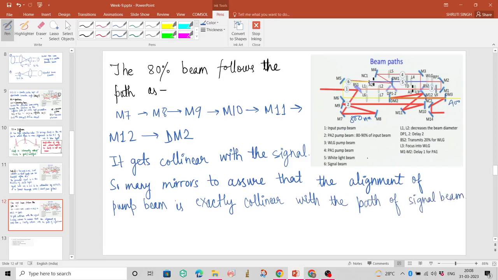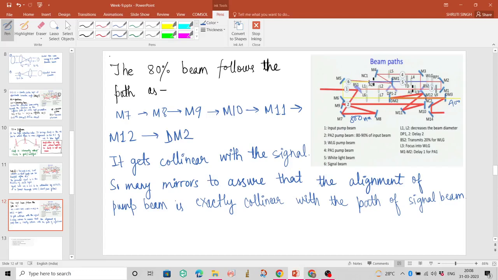So we have to check on that, and we have to adjust the path traveled by the pump beam so that, after hitting the dichroic mirror, its path is exactly collinear with the signal.